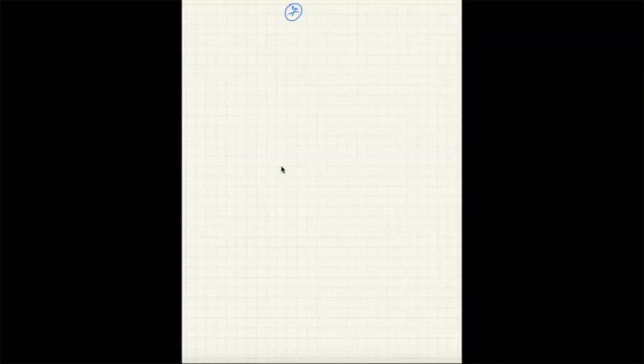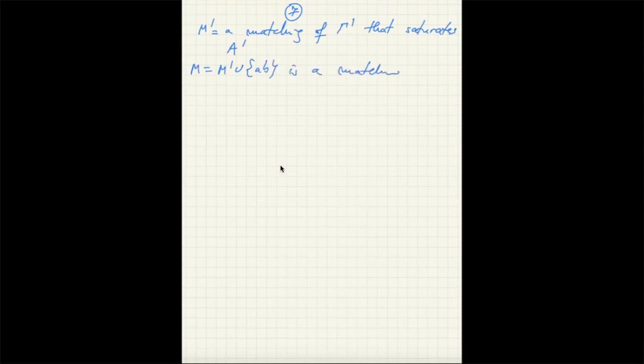So we have that M prime is a matching of gamma prime that saturates A prime, and then we take M, which is M prime union AB, a matching of gamma that saturates A. And we're done with case 1.